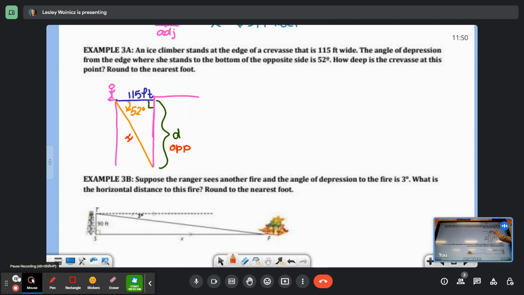And touching my 52 degree angle, my adjacent side is the 115 feet wide crevasse. This is the adjacent. So we don't really need the hypotenuse for this because it's not our given information and it's not our unknown. So it's just garbage. So which of our trig functions relates the opposite and adjacent? Yeah, tangent.